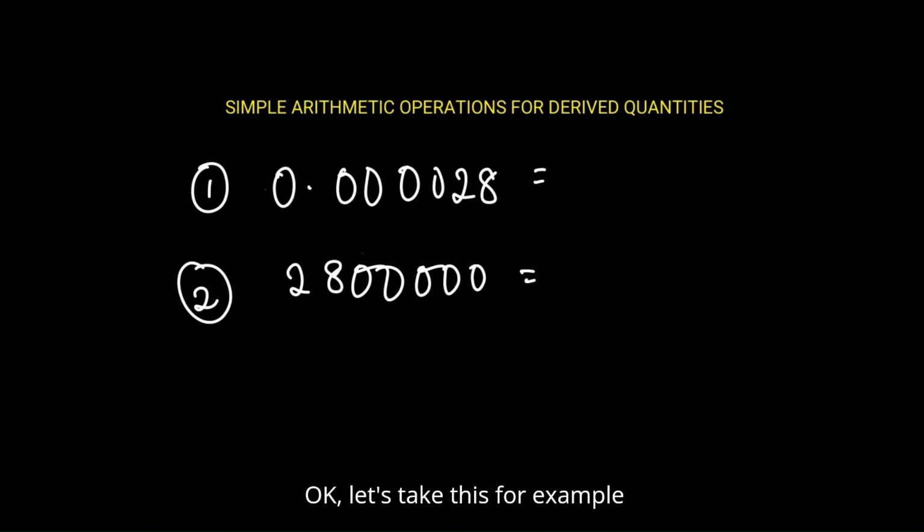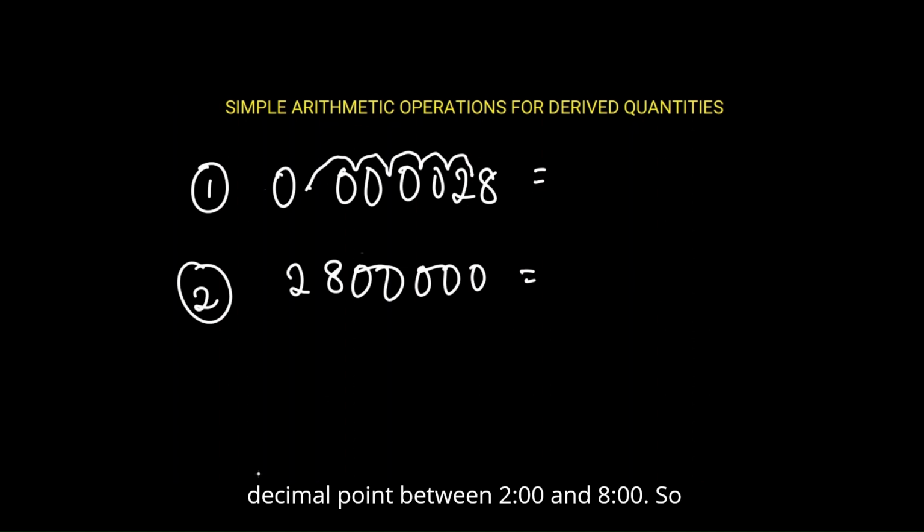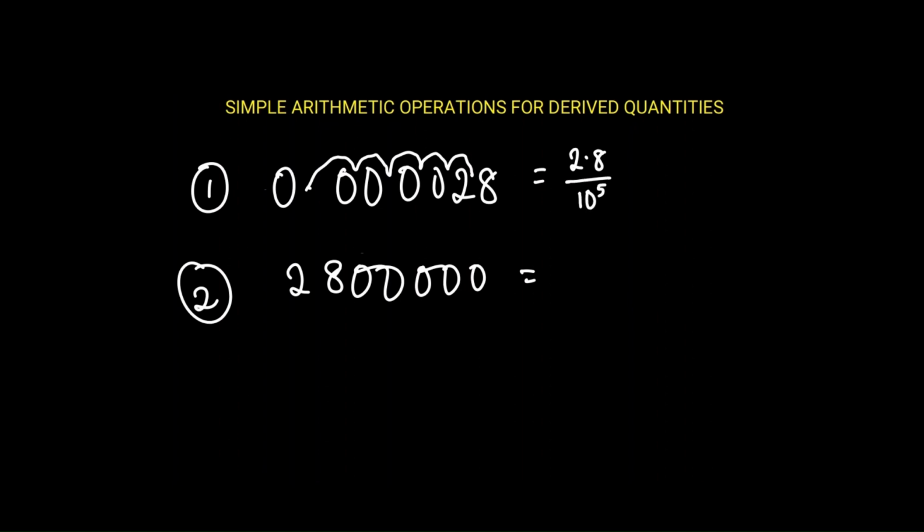Okay, let's take this for example. 1, 2, 3, 4, 5. So we moved 5 times and we dropped the decimal point between 2 and 8. So we have 2.8 divided by 10 to the number of times we moved, which is 5. This is what we're supposed to do. Now remember our law of indices.